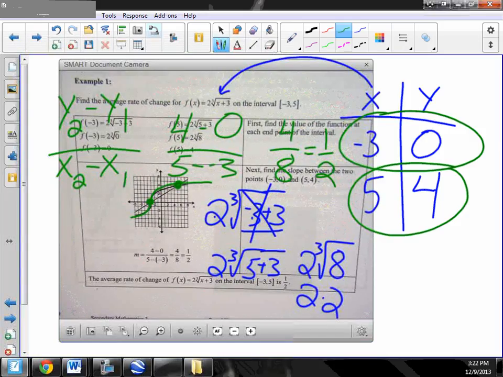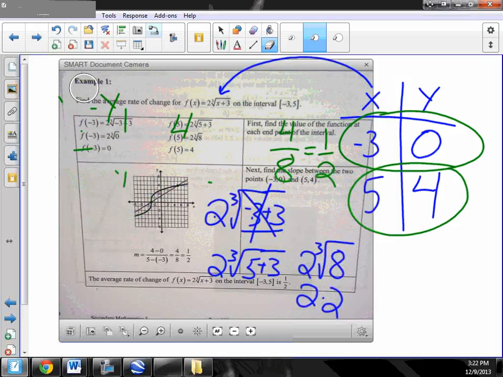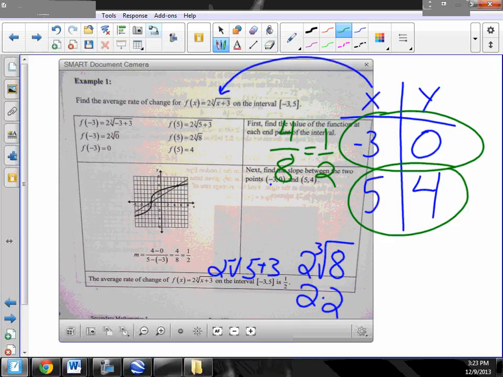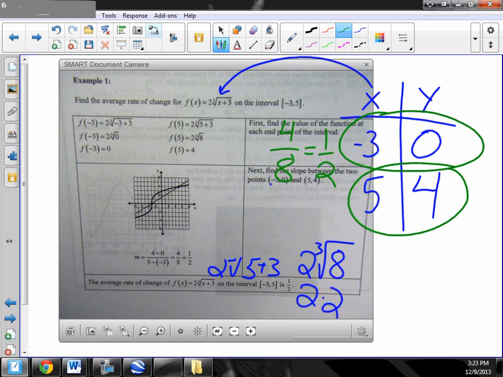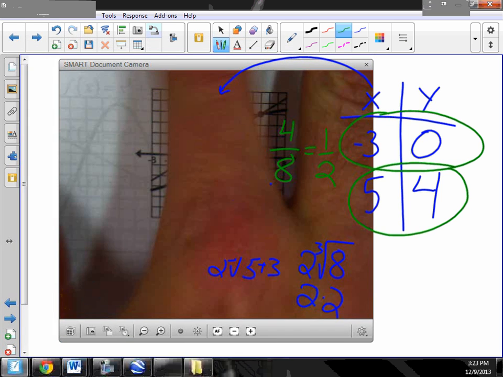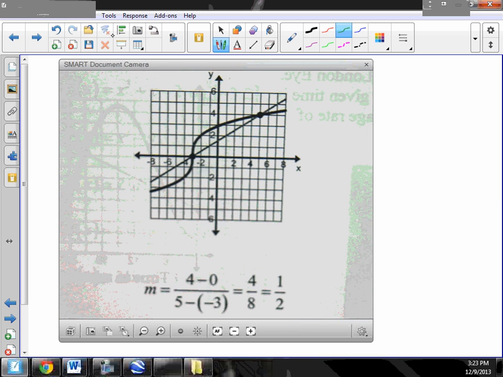Now the really crazy thing about average rate of change is, if the function touches those 2 points, the average rate of change is always going to be the same. So if I had another graph, we could do the old tortoise and the hare story. Let me zoom in on this a little bit. Let's say this is a graph of the tortoise racing the hare.